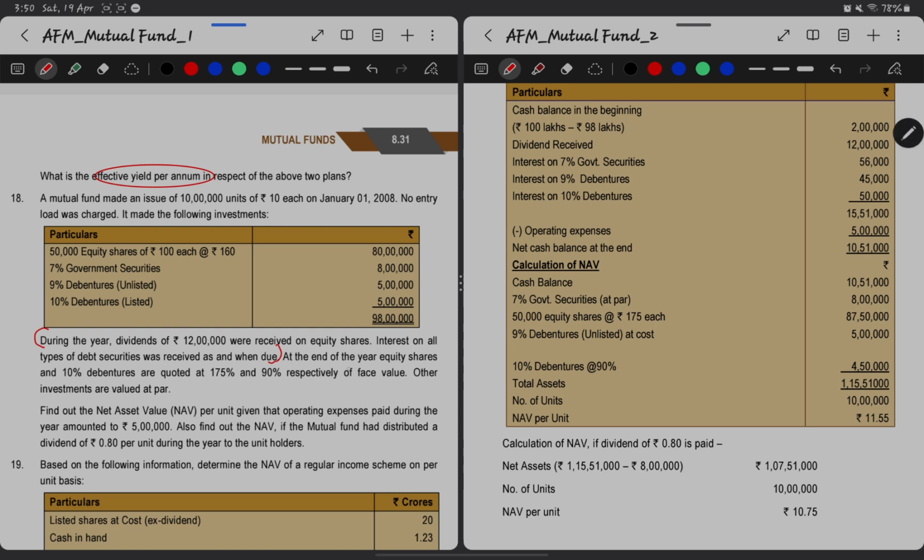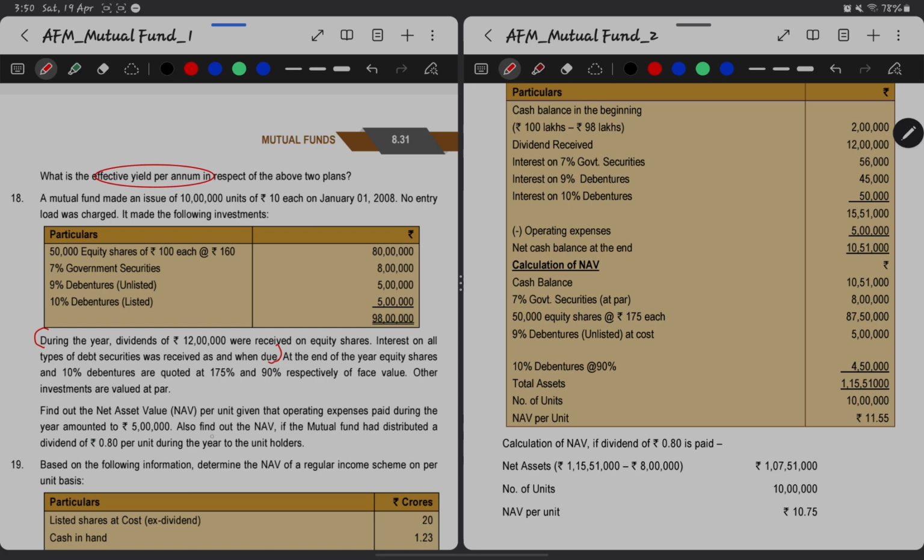At the end of year, equity shares and 10% debentures are quoted at 175 percentage and 90 percentage respectively of face value. So there is a capital appreciation here, and there is a reduction. Other investments are valued at par.